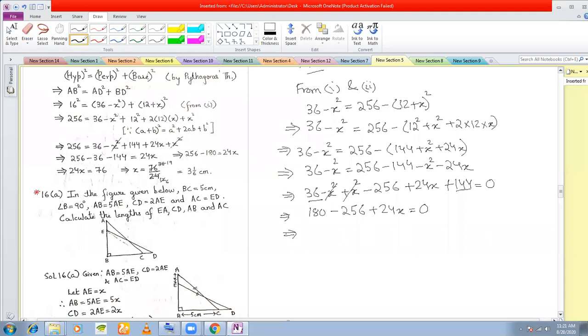So this is minus 76, plus 24x is equal to 0. Means 24x is equal to 76. That means x is equal to 76 divided by 24. So this is 3 1/6 centimeter. We cancel this, 38, 12, and then 19, 6. We get 3 1/6.